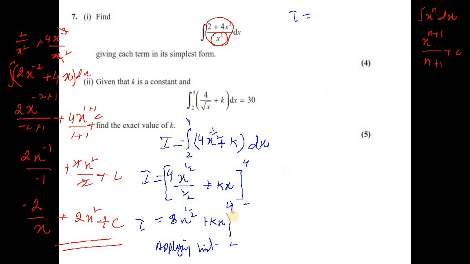So first we need to apply 4 in place of every x. So 8 into 4 to the power half plus k into 4, minus, I'm going to write a bracket because I'm applying the lower limit. So 8 root 2 plus 2k.